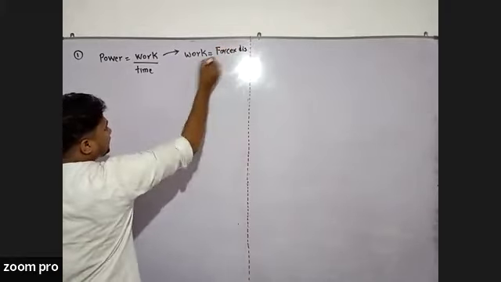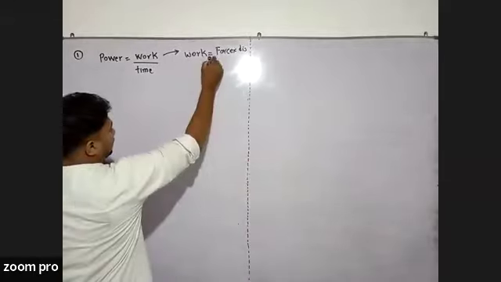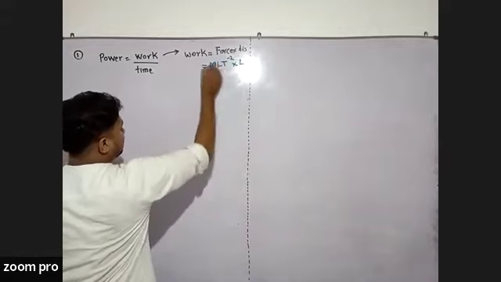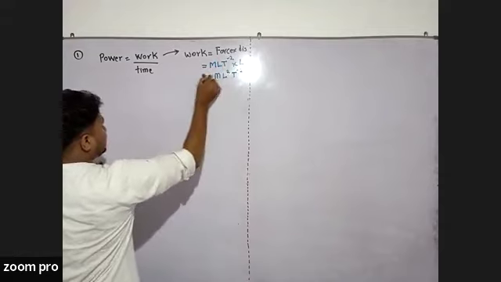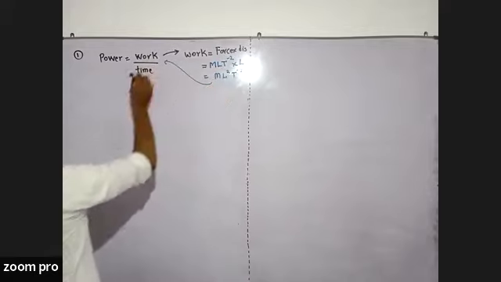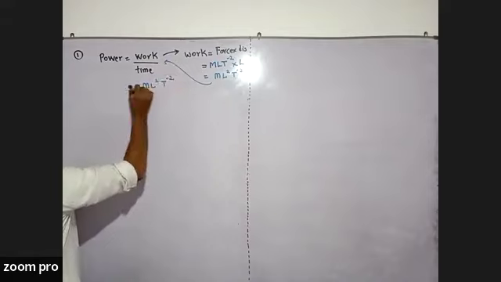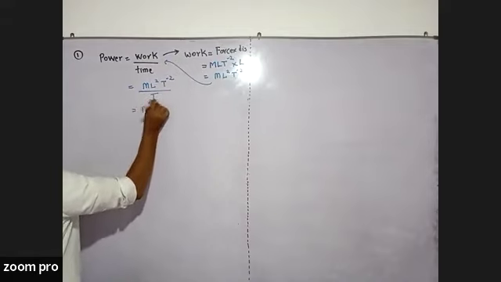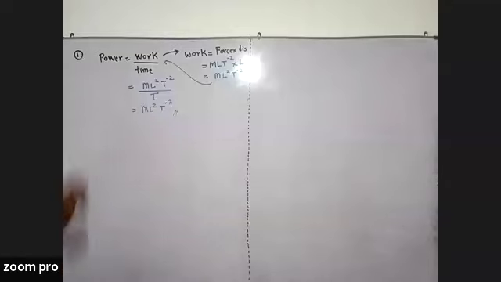So this is the dimensions of force into L. So this is the dimensions of work then. So let's substitute this dimension into this equation. Then this is the dimensions of power.